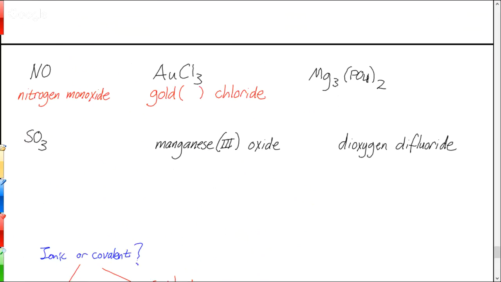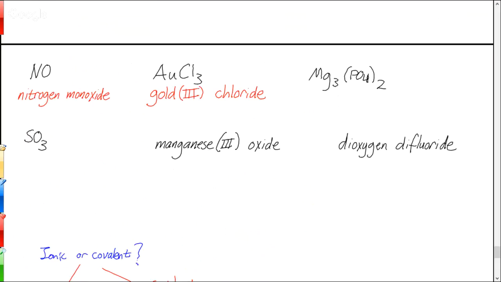And then the last thing is to figure out what should be in those parentheses. Chloride is a -1 ion, and there are 3 of them in this compound. So for gold to balance that out, we must have a +3 charge on gold. So this would be gold 3 chloride.